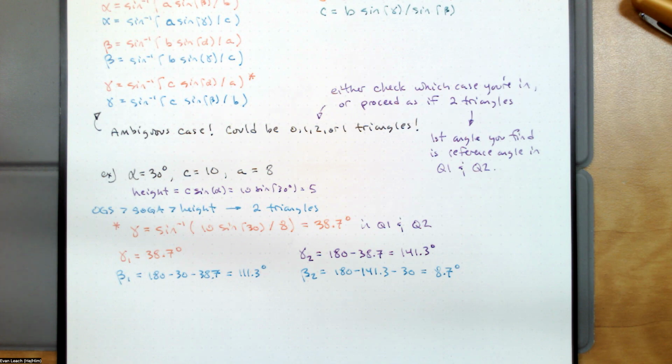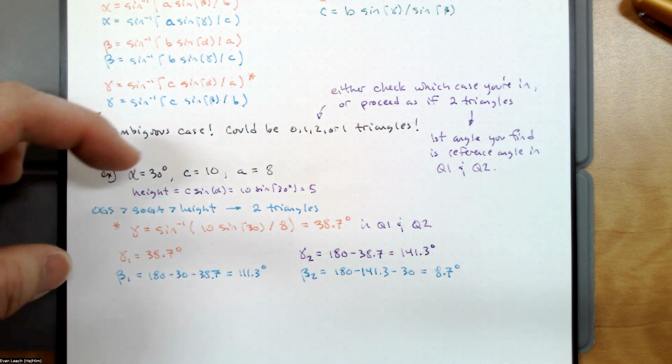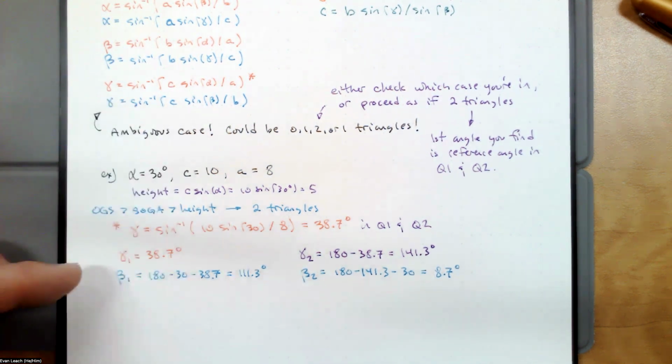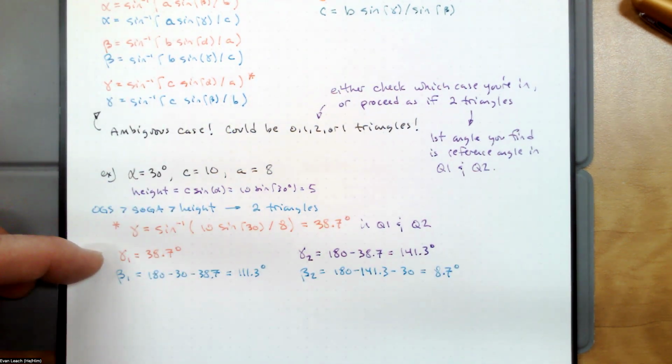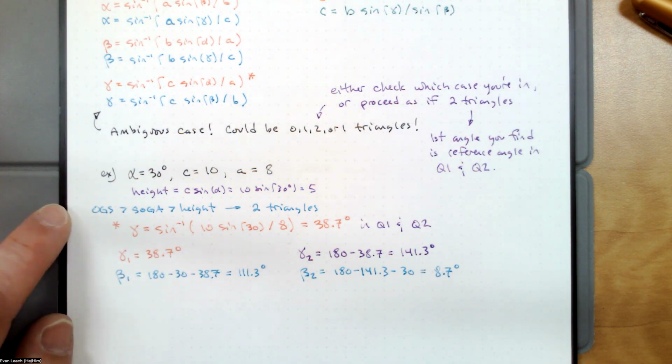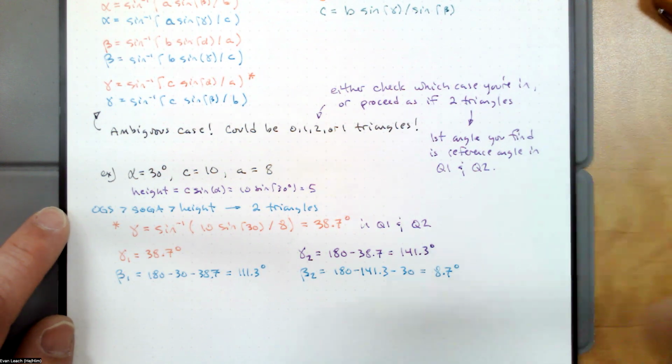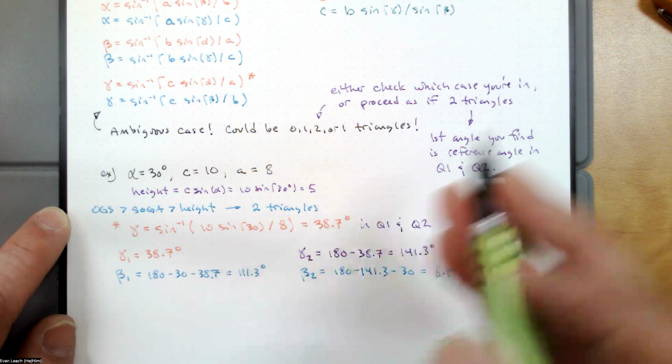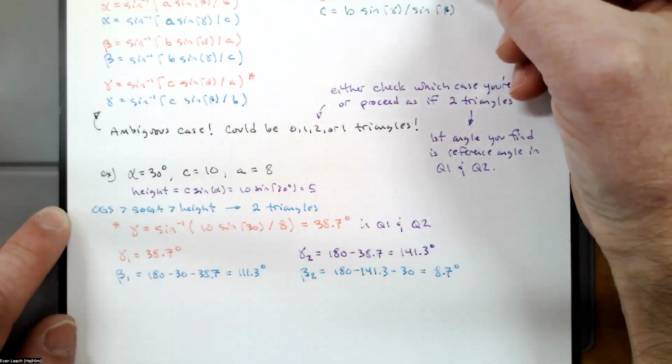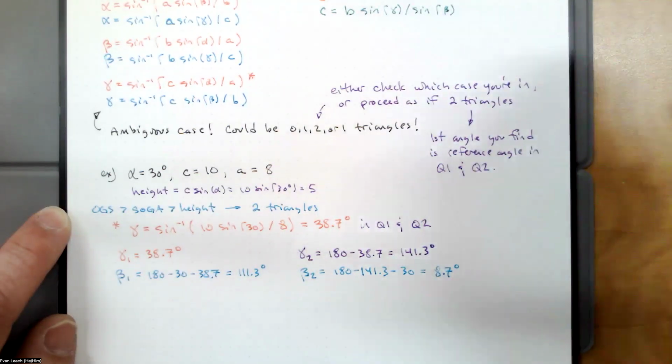Now that I have beta, I can use beta to find B. I can actually use C and gamma, but this gamma has been rounded off, so we're going to prefer to use the given information. So I'm going to find B using A and alpha.